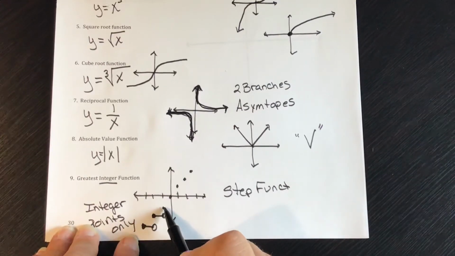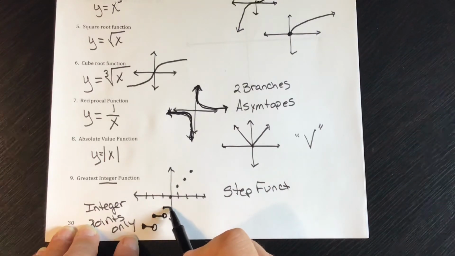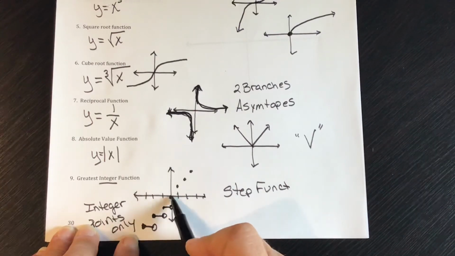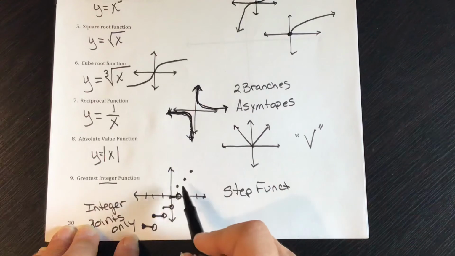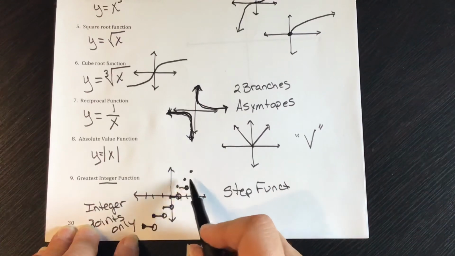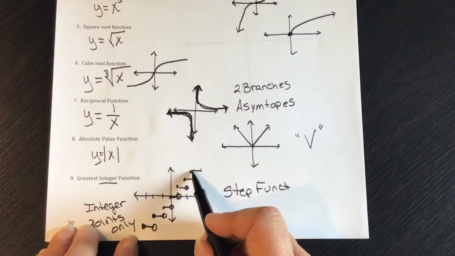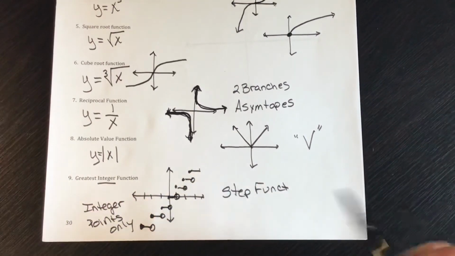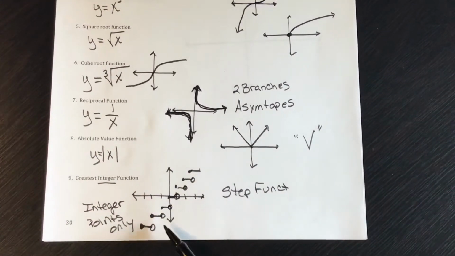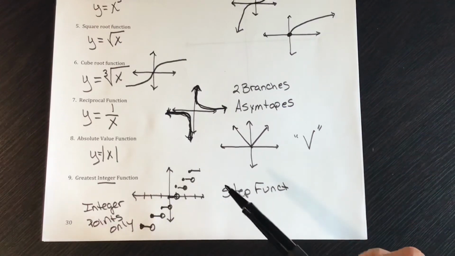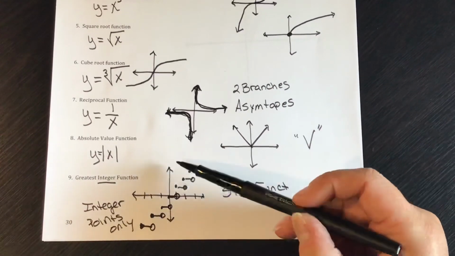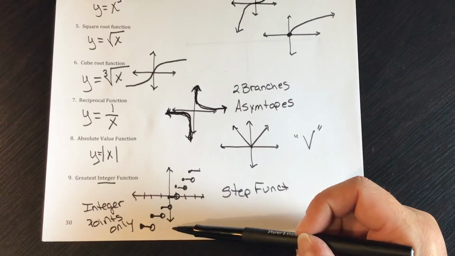Okay, so this is called the step function. Okay, so this is just showing you that each integer, it goes up, but it's not a continuous function. It's just kind of like a break. And this is just showing us that our y values are only integers.